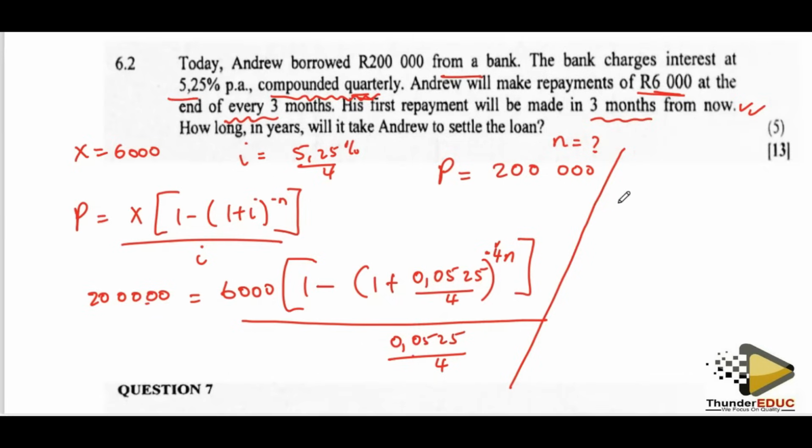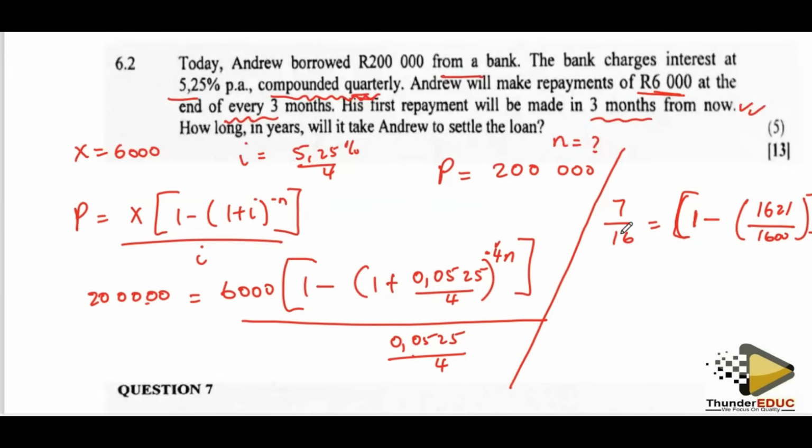So I'm getting 7 over 16 is equal to 1 minus, when I simplify what is inside here, 1 plus 0.0525 over 4 is giving me something like 1621 over 1600, to the exponent of negative 4n.